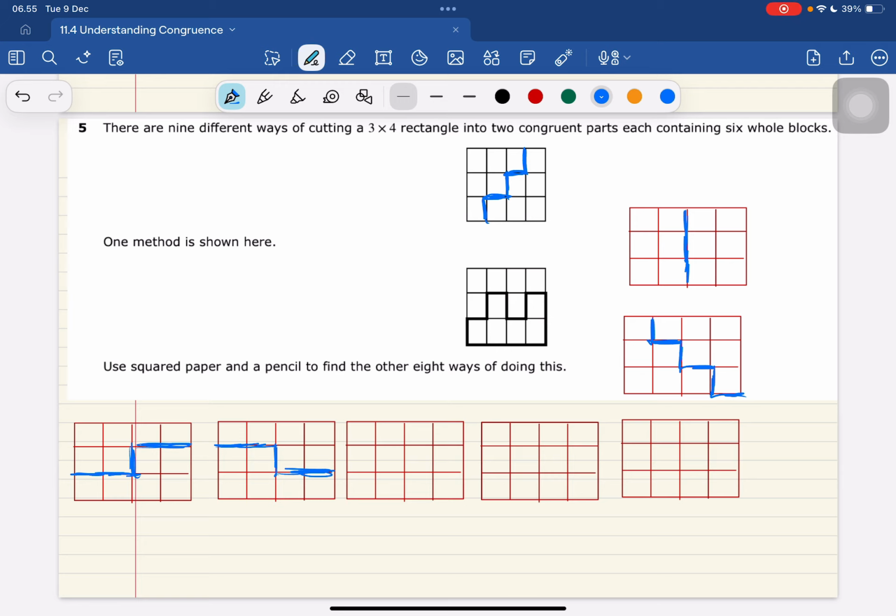Then what else can we make? Let's make it here. 8 ways.